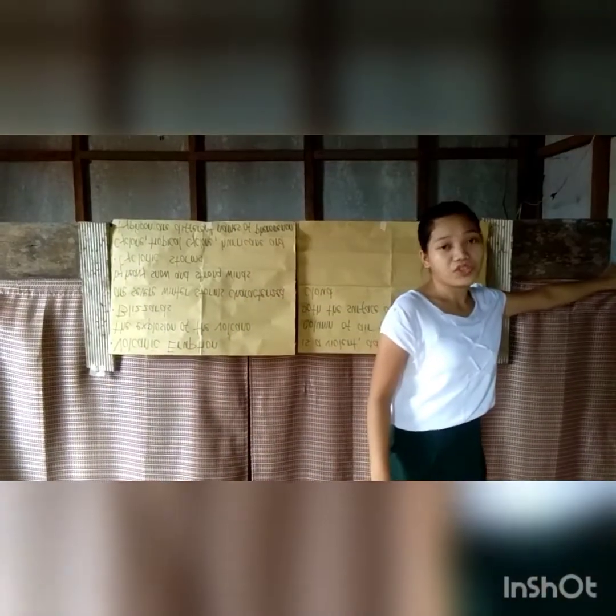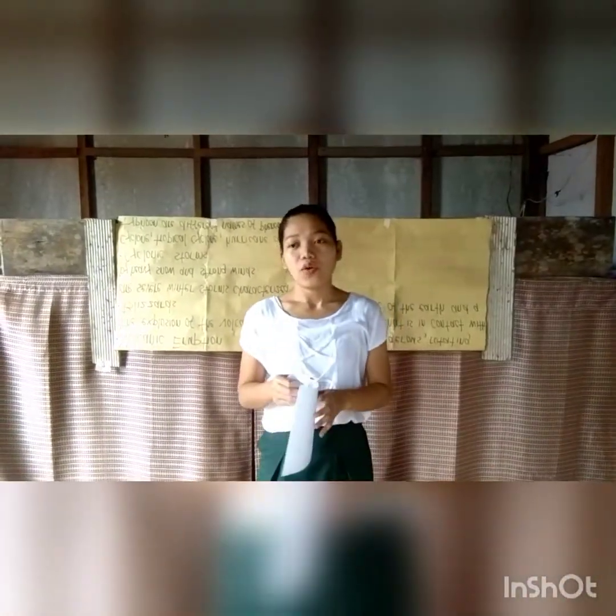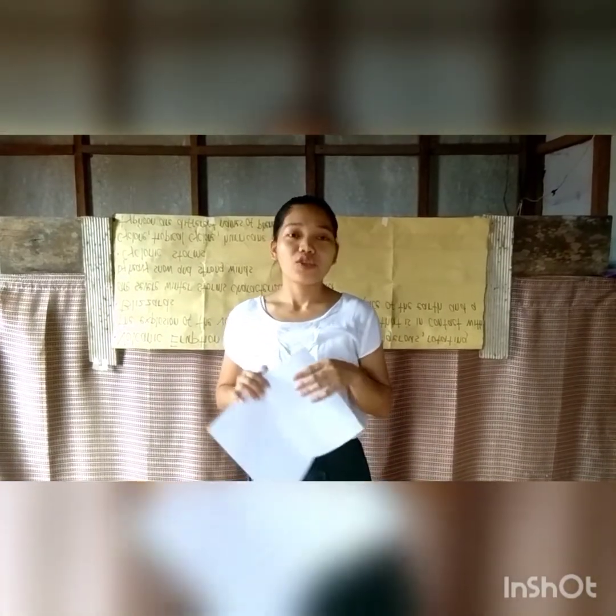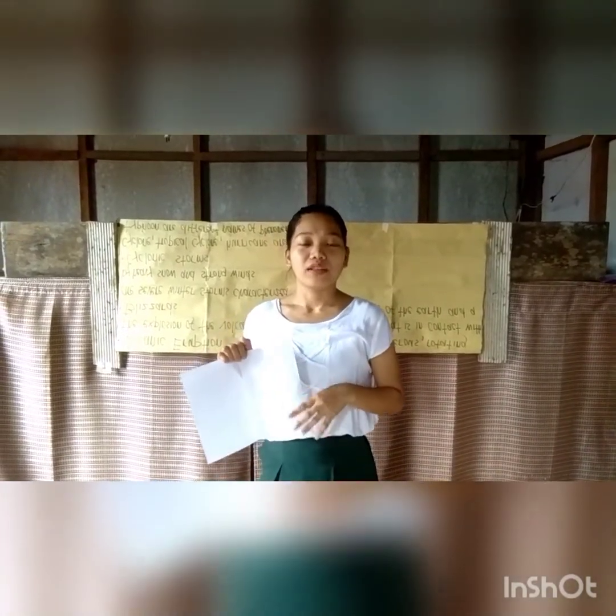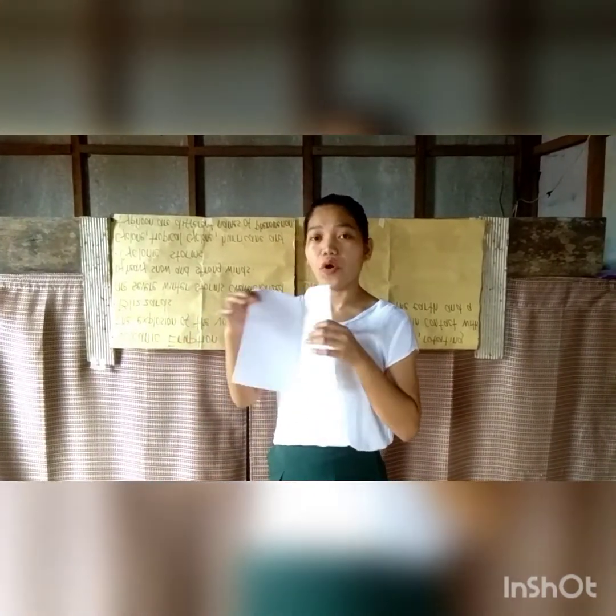Now, let's have an activity. Let's have a poster making. After watching the video, you now know the kinds of calamities. So now you will draw for the poster making. Fold your paper in two.